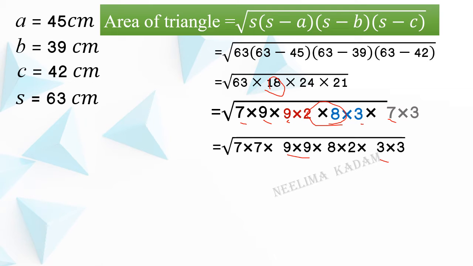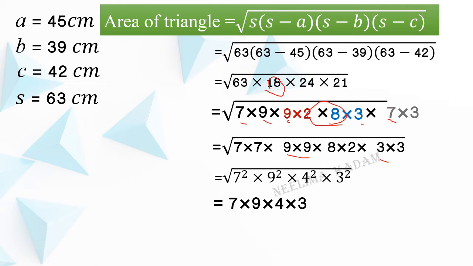And 3 into 3. Okay. Next, that will be 7 square into 9 square into 4 square into 3 square. Taking the square root, it will be 7 into 9 into 4 into 3.